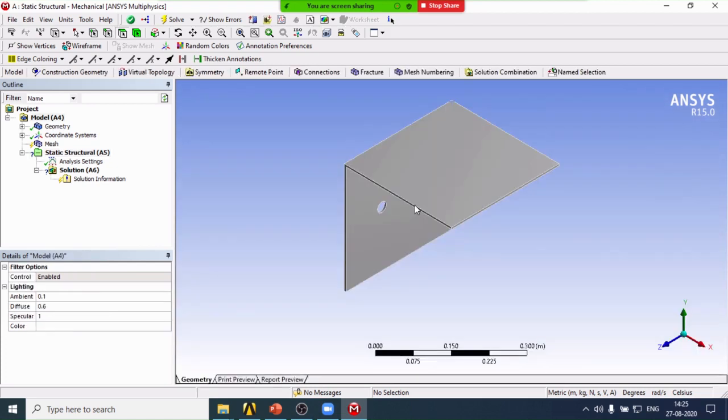So these holes, I'm going to fix them. I already applied the force. I need to fix these holes. In most assemblies, you may have multiple holes, maybe 50 or something, and you cannot check each and every hole. In that case, you can use some macros.